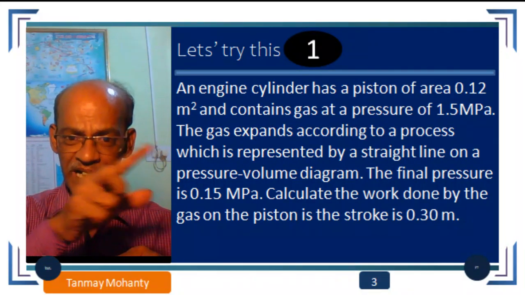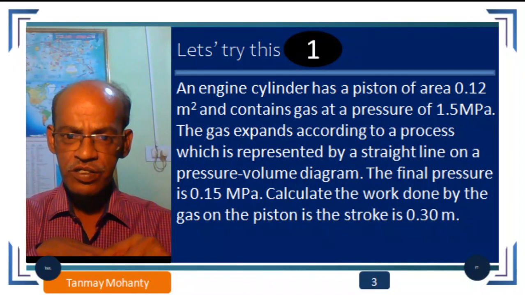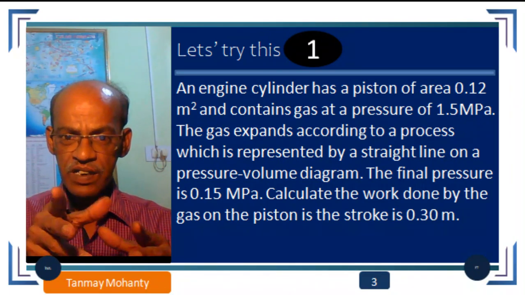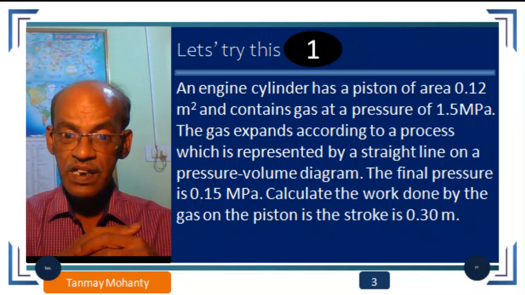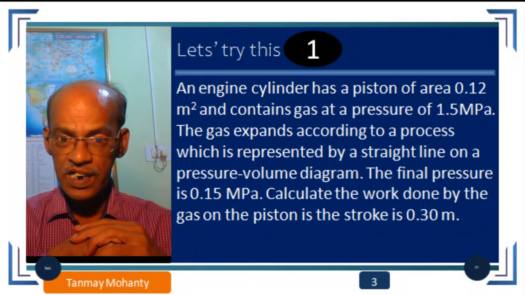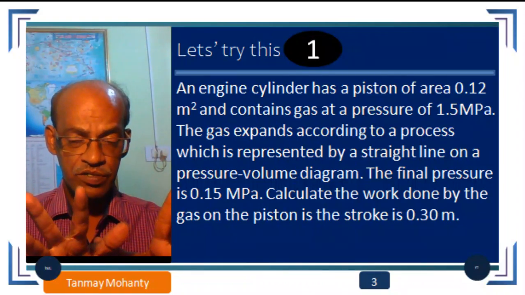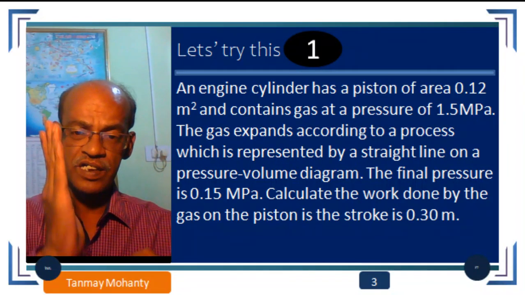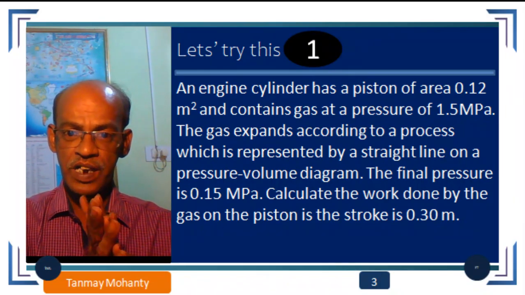In isobaric process, this was a horizontal line. In isochoric process, it was a vertical line. But now it is talking that this is a straight line with some slope on a pressure volume diagram. It is not given that pressure is constant or volume is constant. So it is neither going to be a horizontal line nor vertical line, it is going to be a straight line on a pressure volume diagram.